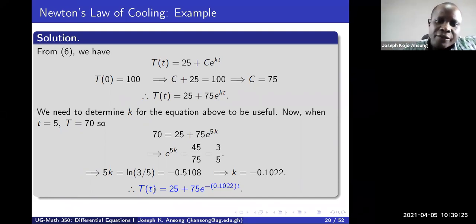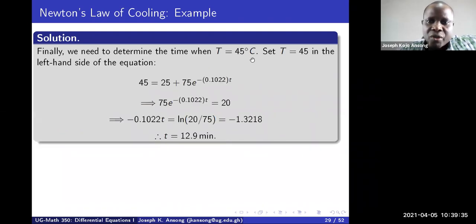So you need to find what small t is here. So plug in 45 degrees and solve for t. That's basically it. So put 45 degrees on the left-hand side of the equation, and you get 45 is 25 plus 75 e to this.